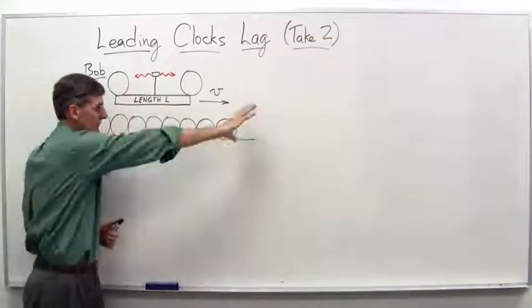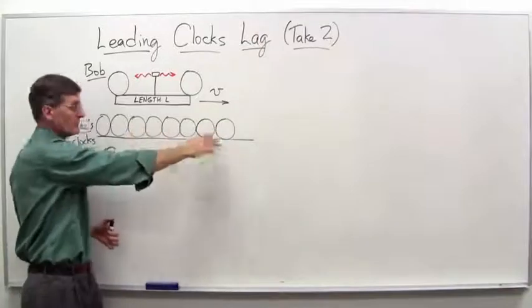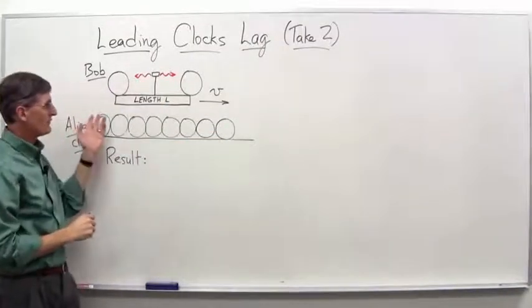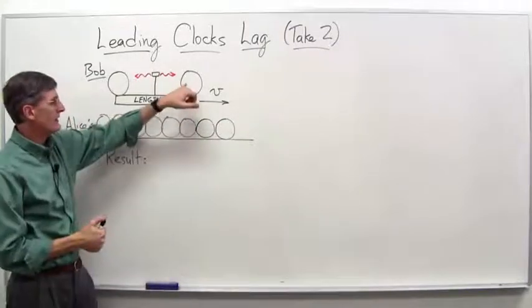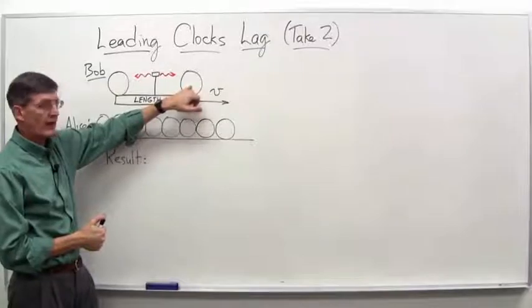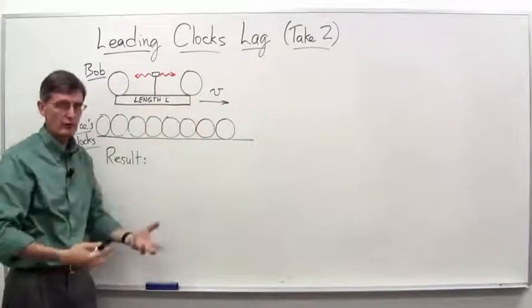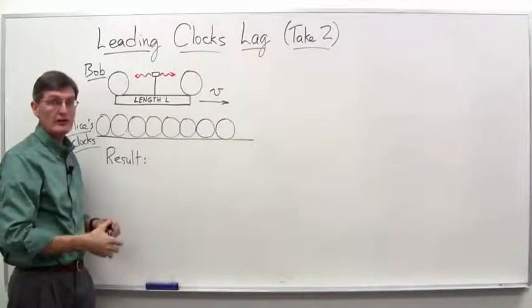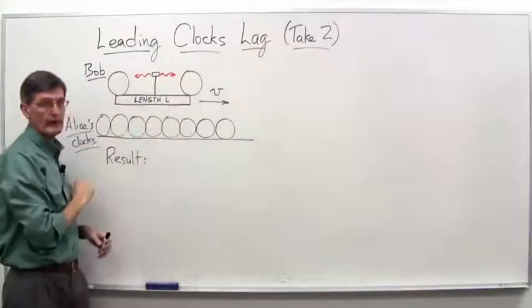So imagine Alice's lattice of clocks all synchronized in her frame, just as Bob's clocks are synchronized in his frame. And we can see just qualitatively, and we argued this a while back, that as far as Alice is concerned, even though the photos of Bob's 2 clocks indicate the flashes hit at the same time, as far as she's concerned, they aren't synchronized because she sees this flash occur after that one.